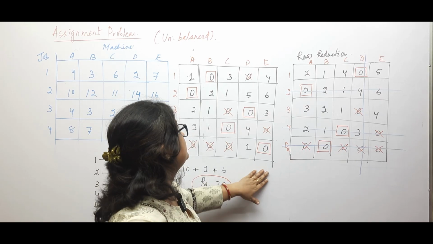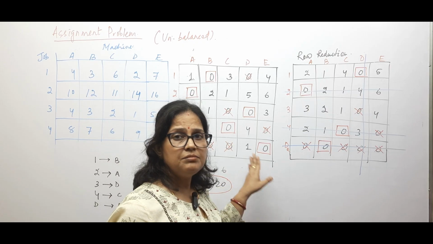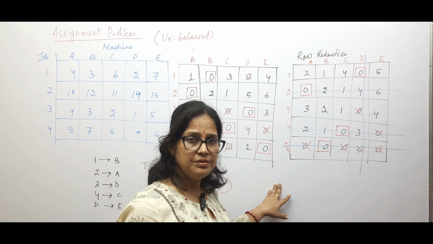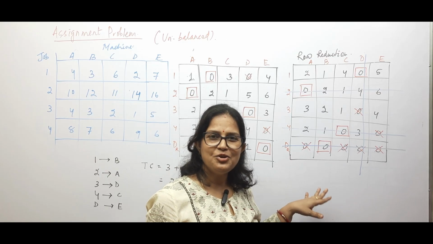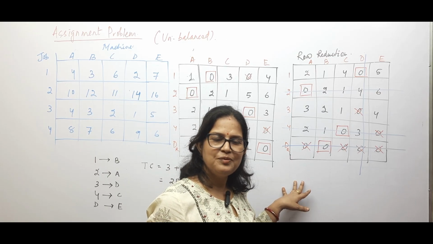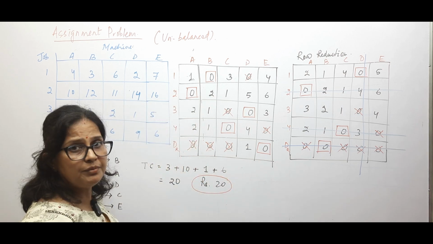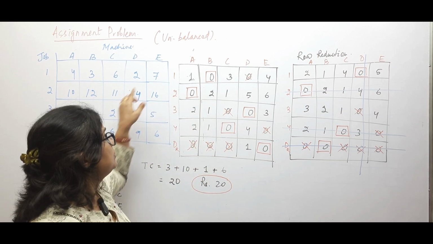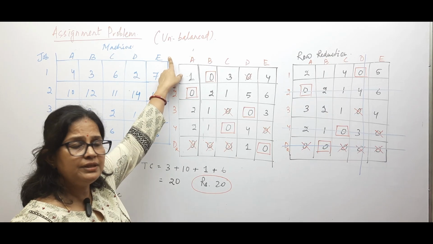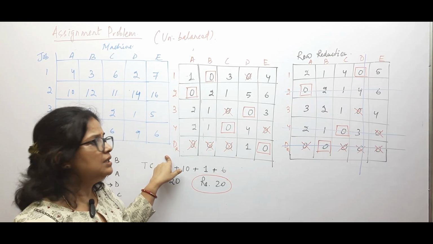So we have completed this unbalanced assignment problem by taking a dummy row. As we have here number of rows 4 and number of columns 5, we have taken a dummy row here.